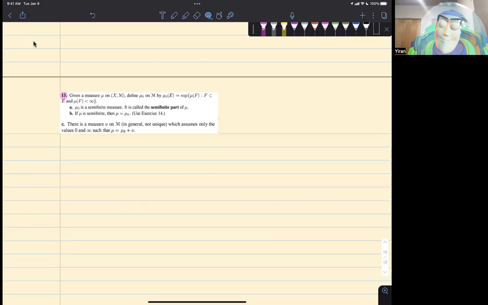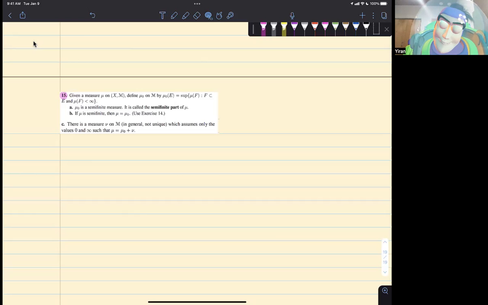Okay, so that is the definition for that. And so mu(Fj) is smaller or equal than mu(F), which is finite, right? So it satisfies this criteria.